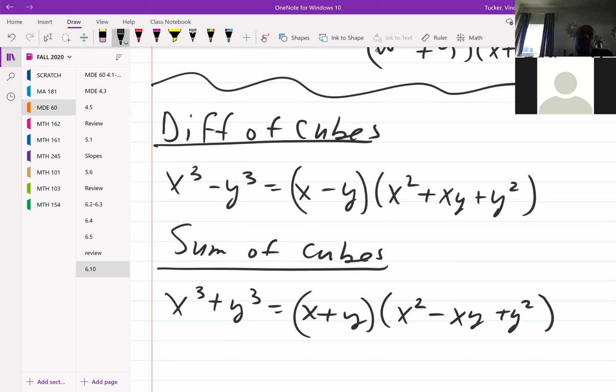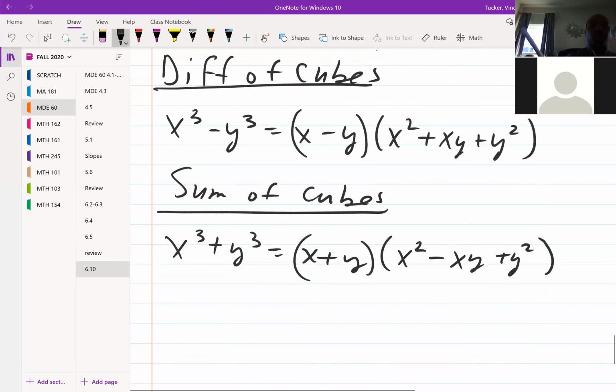Sum of cubes, x cubed plus y cubed, that's x plus y, x squared minus xy plus y squared. So before we were looking for perfect squares. Here we'll be looking for perfect cubes.